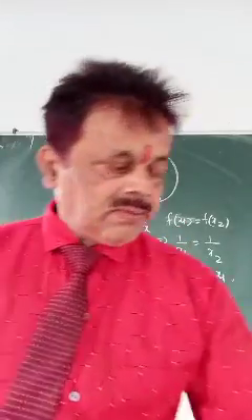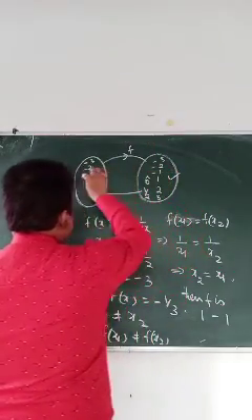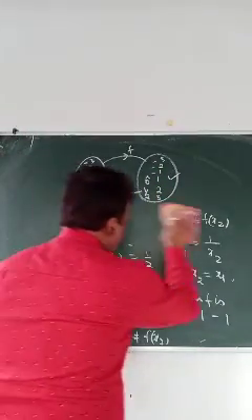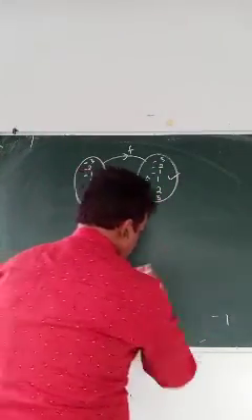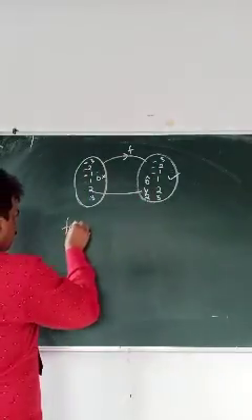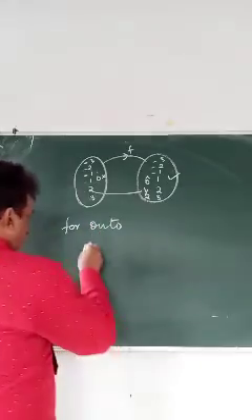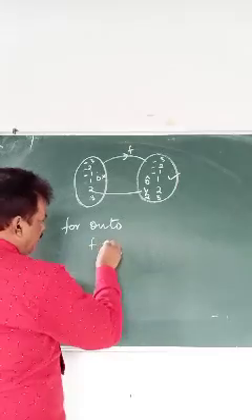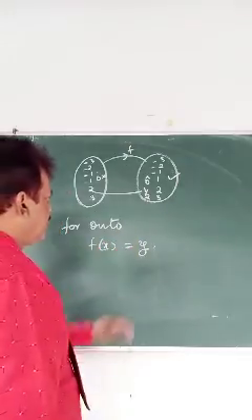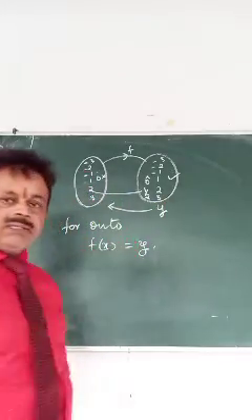Okay, onto means what? For every element here, there should be an element here. So for onto, you have to take f(x) equals y. Because y is an element here, for y there should be an element here.